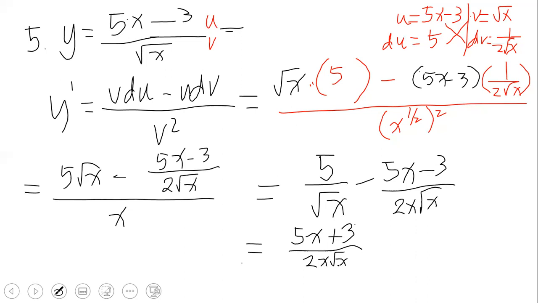So apply also the simplification process. Your answer can be in this form, 5 over square root of x minus 5x minus 3. Or you can also rewrite in terms of 5x plus 3 over 2x square root of x.